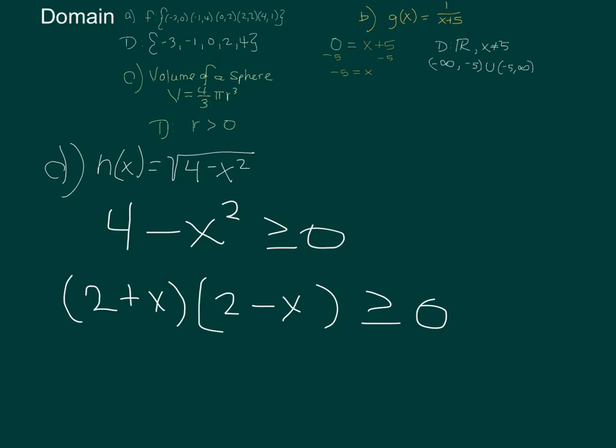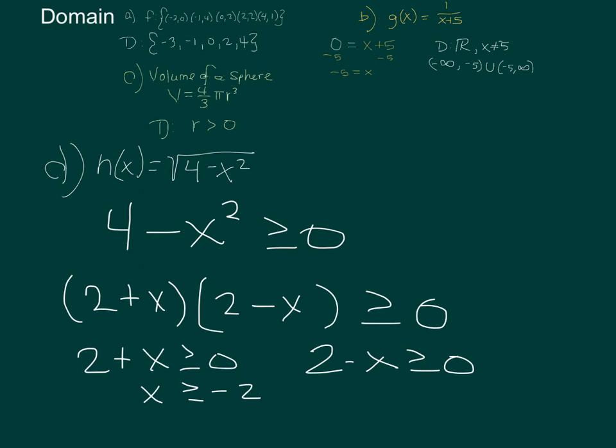Then I can break this down and say 2 plus x is greater than or equal to 0, and 2 minus x is greater than or equal to 0. Breaking these both down, I've got x is greater than or equal to -2, and negative x is greater than or equal to -2, so x is less than or equal to 2.